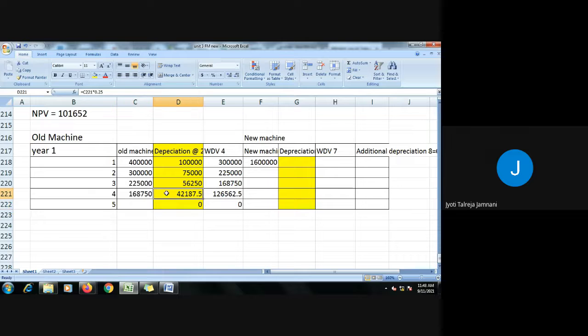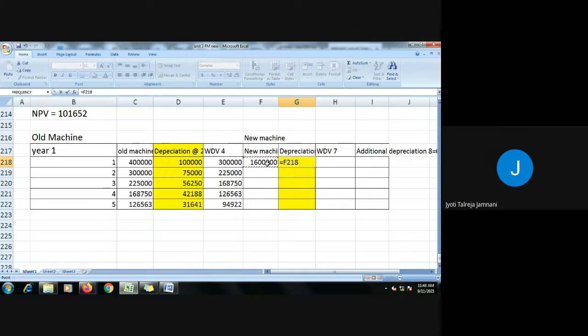Again 25% on that, we'll get 42,188, and the written down value will be 1 lakh 26,563. On that again we find depreciation and the written down value. So this is what we get as depreciation for the old machine.